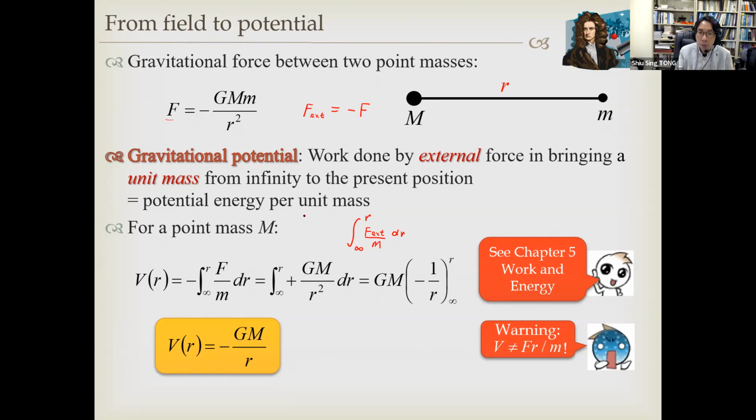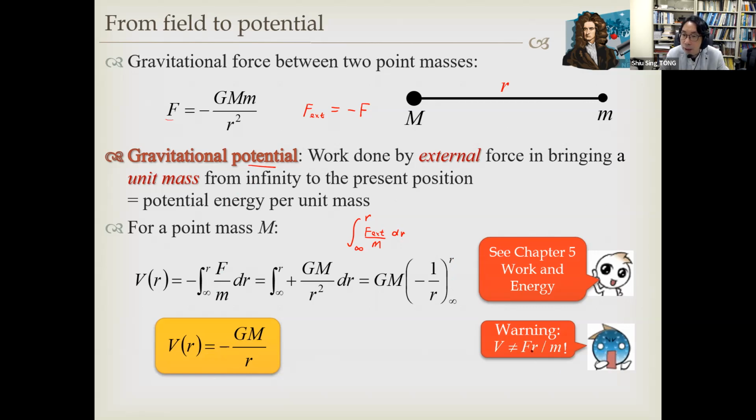If I put it back, it becomes minus F, and the minus sign will go on because there's an additional minus sign here. So I'm integrating GM over r squared from infinity to r. That gives me GM multiplied by minus 1 over r, evaluated at r for the upper limit and infinity for the lower limit. The lower limit term is 0, and the upper limit term gives me minus GM over r. And that is the so-called gravitational potential.